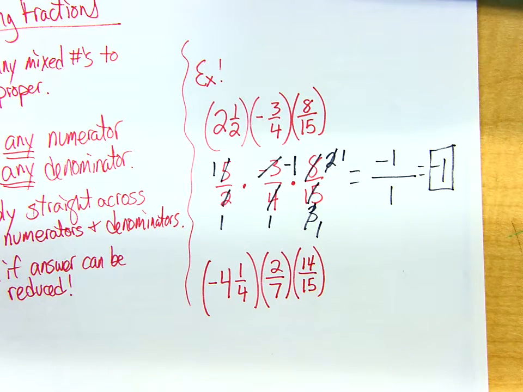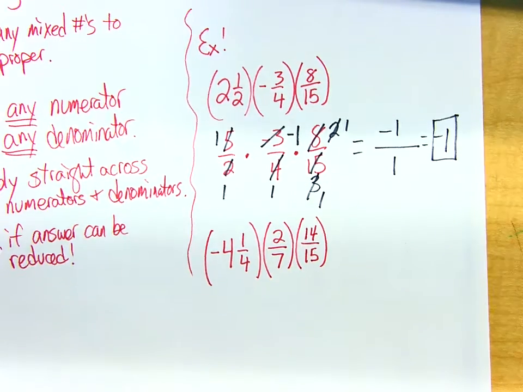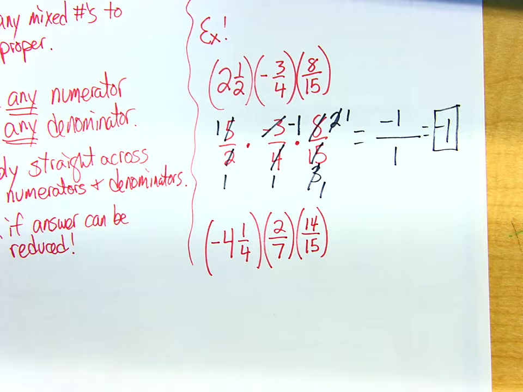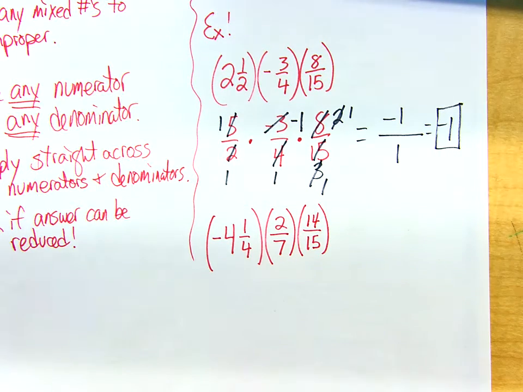Say I gave you these 3 to multiply together now. So, step 1, you got to change any mixed numbers to improper. So what is -4 and 1/4 as an improper fraction? Tony, can you tell me that one?